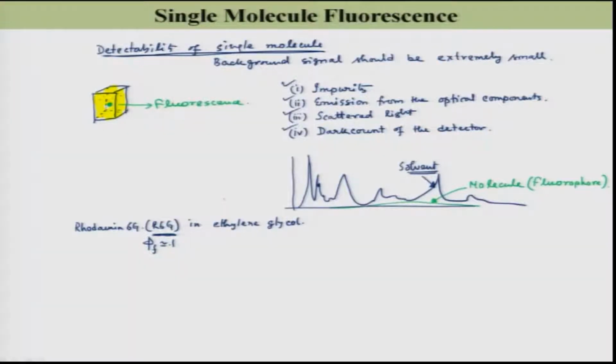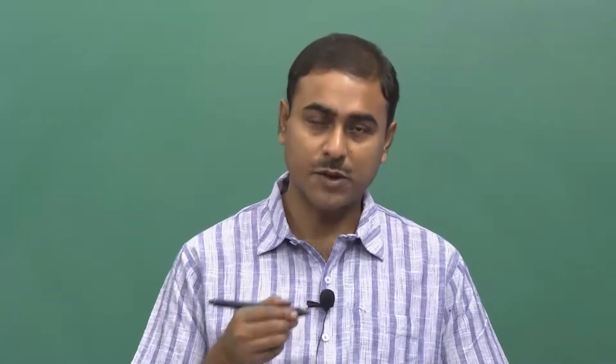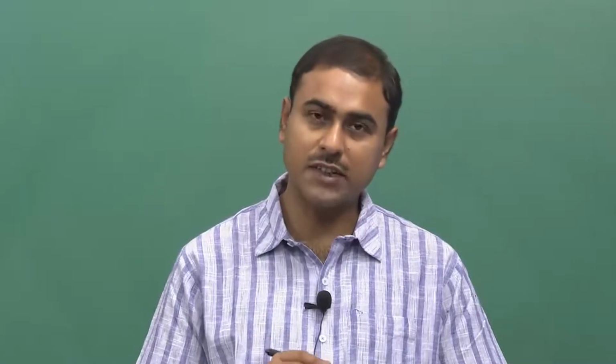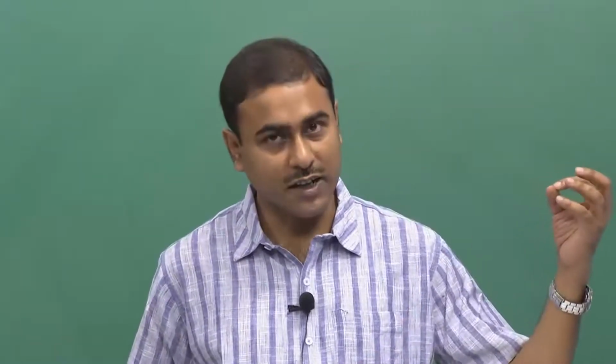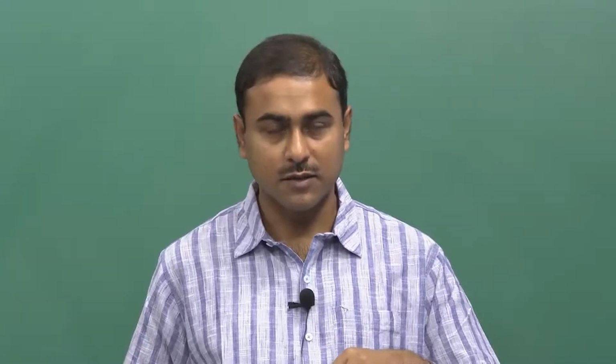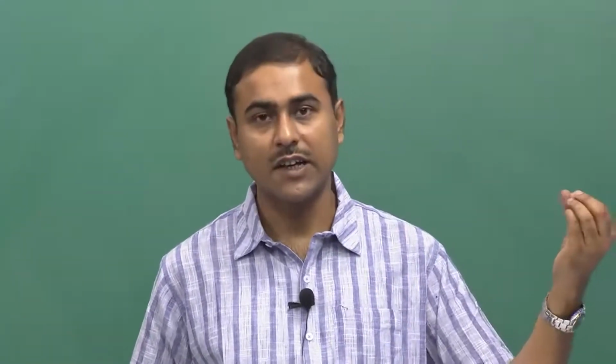Now, I will also tell you one more thing, that the absorption cross section of this rhodamine 6G molecule is the same as the molecular cross section, that is also my assumption. So, the number of photons which will excite this molecule will be 100%. If there are 100 incoming photons, all 100 photons will be absorbed, and the fluorescence quantum yield is 1. So, there is no loss at all.